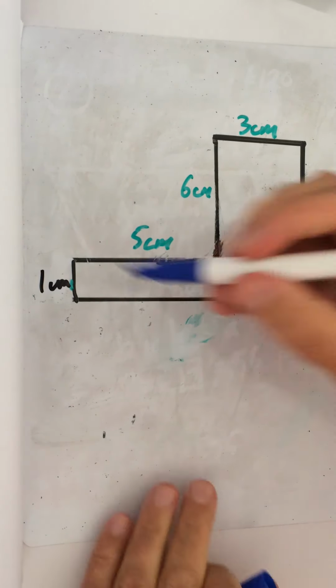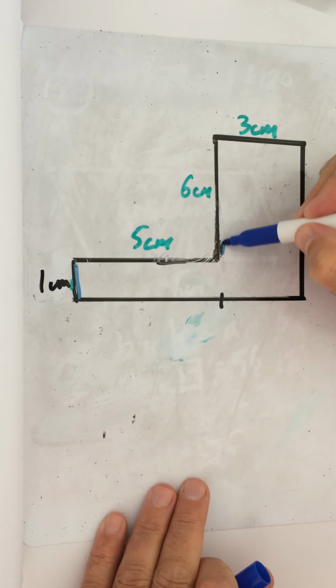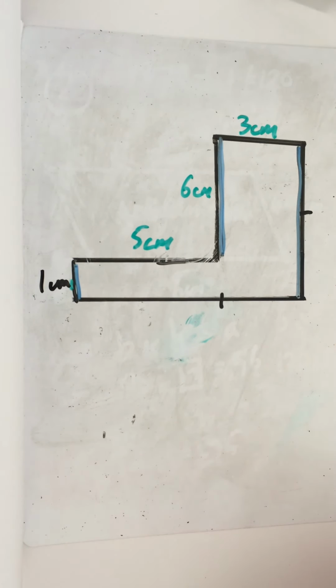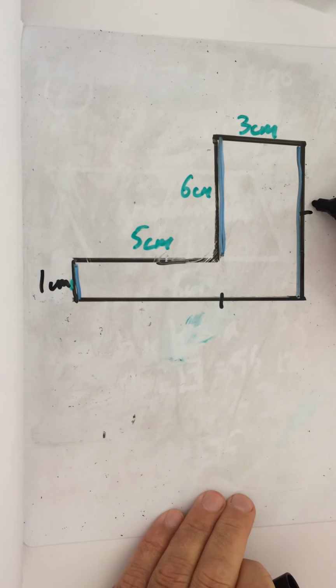Again, I know that this line plus this line will equal this line. So this blue line here and this blue line is the same as that. They're opposite each other, so that makes this 7 centimeters.